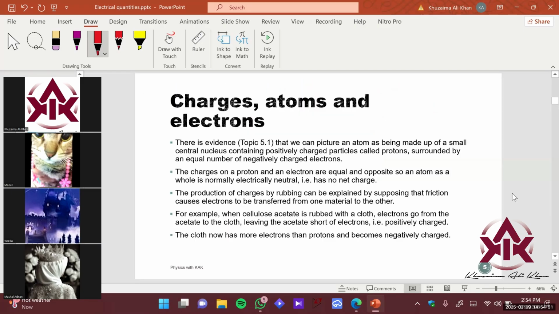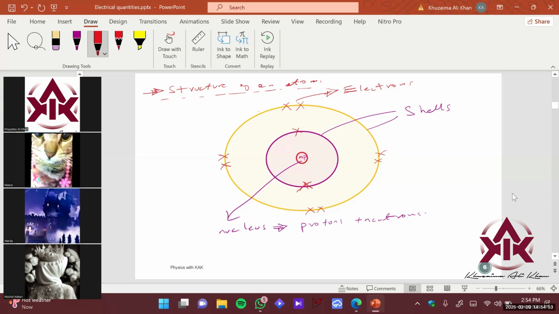Since neutrons are neutral, they have zero charge, and protons have positive charge, overall the nucleus is positively charged. Electrons are negatively charged.